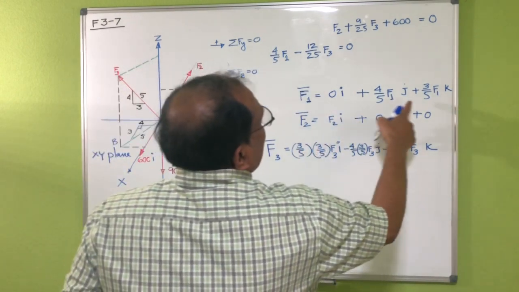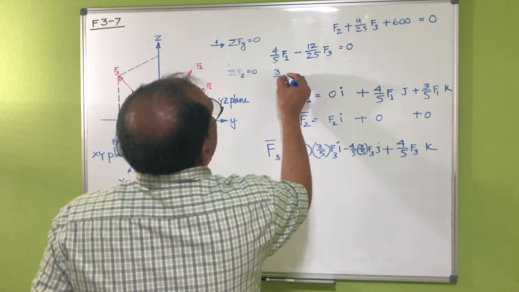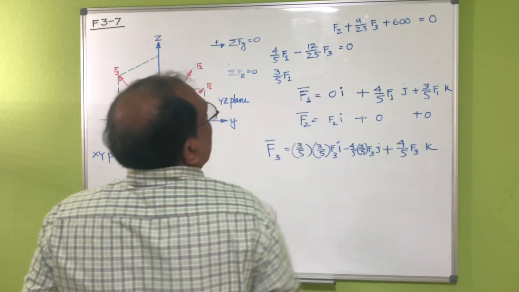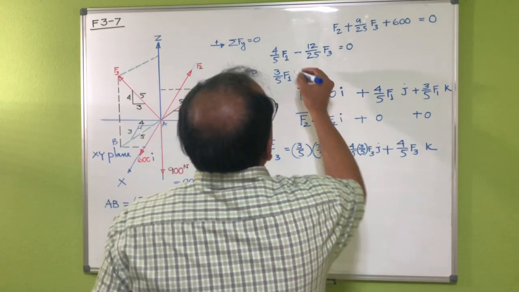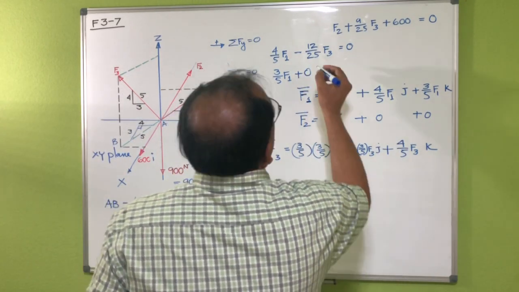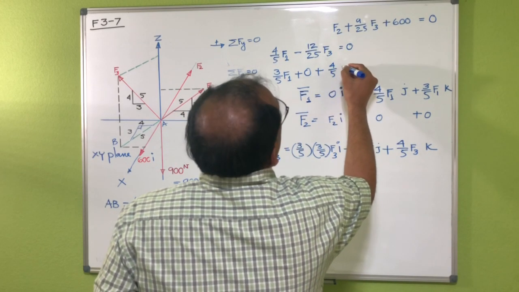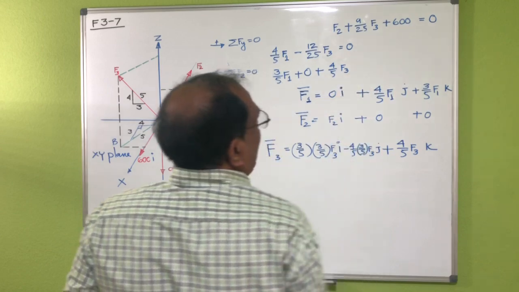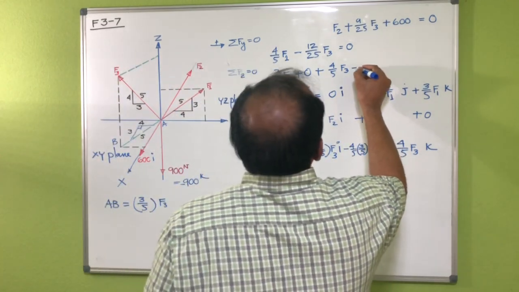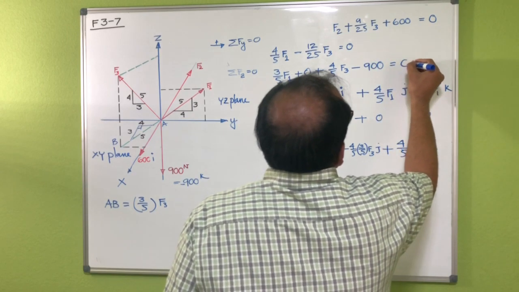So here you can see you have 3/5 of F1, this one is 0, this one is 4/5 of F3, and then I have minus 900, that's equal to 0.